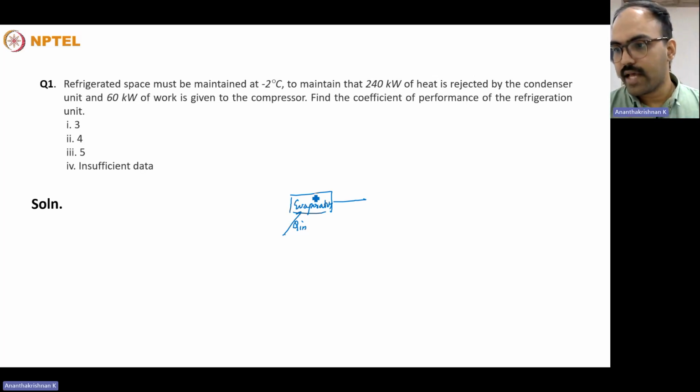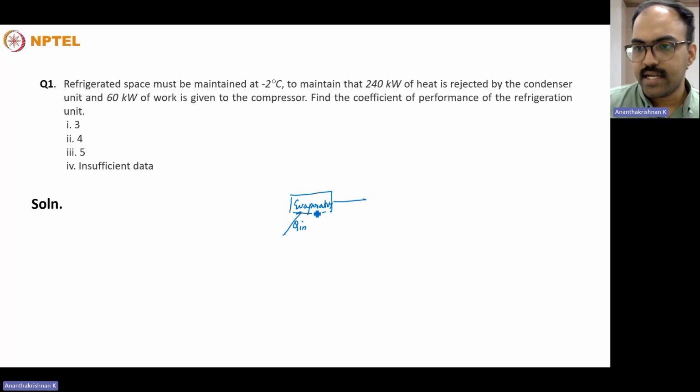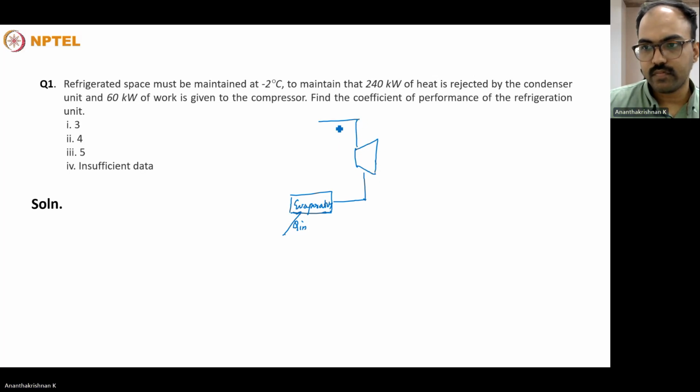Its temperature will be slightly lower than the temperature in the conditioned space, and it exchanges heat, and the refrigerant moves from liquid to vapor. Then it has to undergo a compression process in the compressor, and then there will be a condenser which rejects the heat to the ambient.